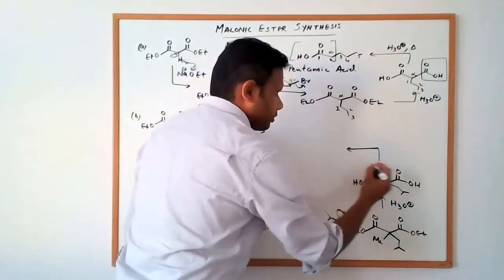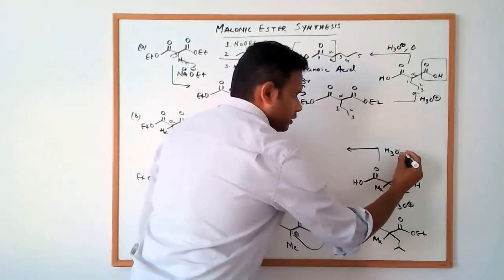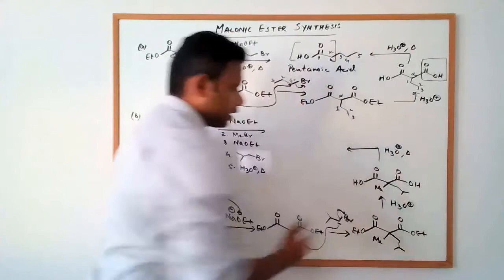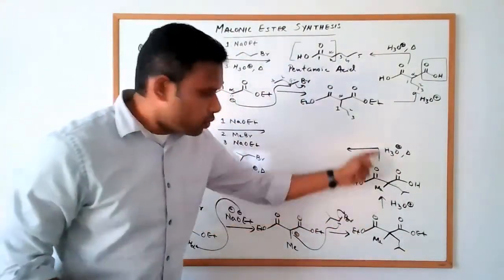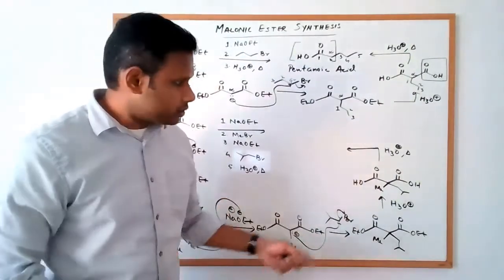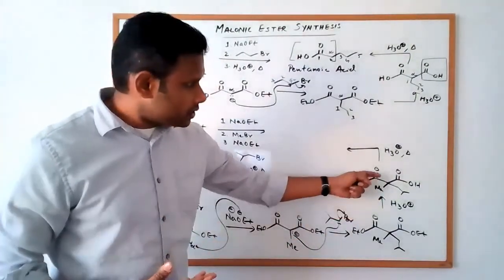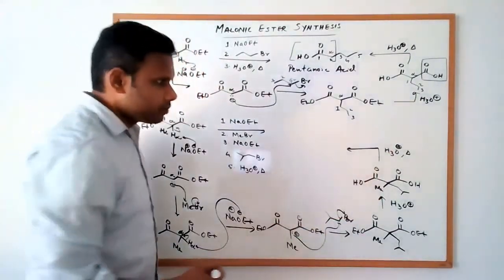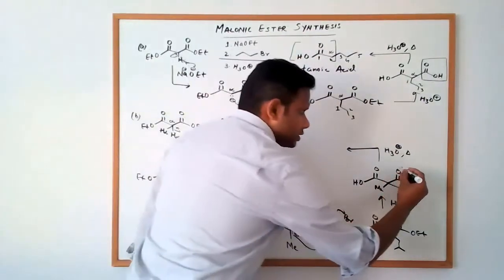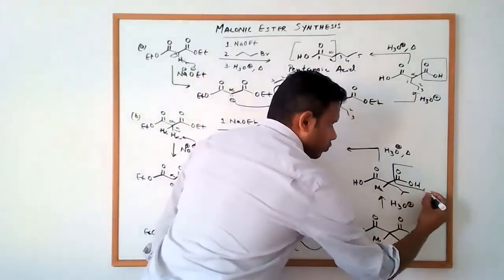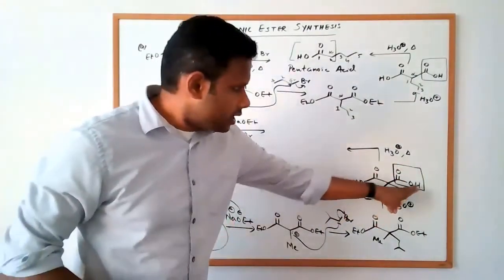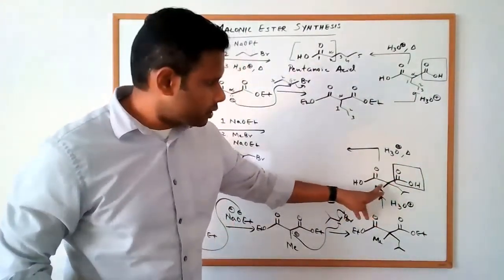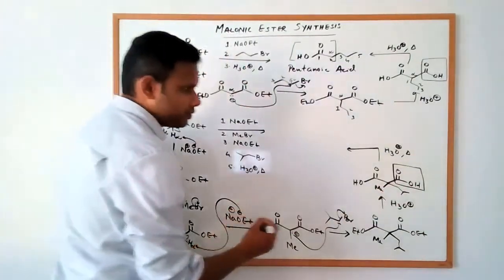And as we saw previously, under these conditions where we are heating it with acid and heat, both of these steps are happening, the hydrolysis and then the decarboxylation. So under these conditions, essentially what we have to do is remove one of these carboxylic acid groups as carbon dioxide. The hydrogen comes to this carbon, and then we preserve everything.